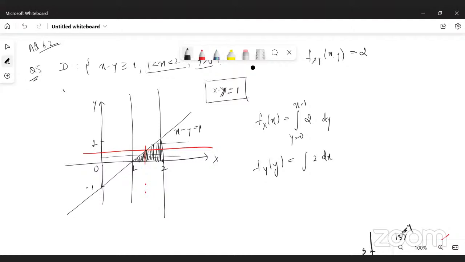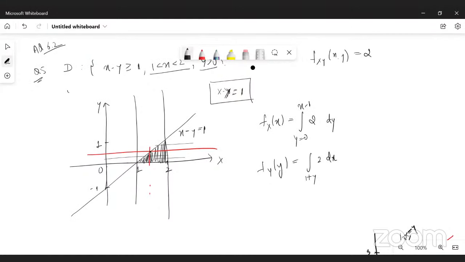It is going to be 1 plus y. And we know x can go maximum till 2, so the upper limit is 2. It is a horizontal line, so the value that is changing is only y, isn't it?